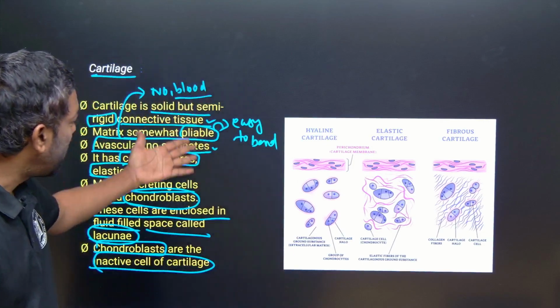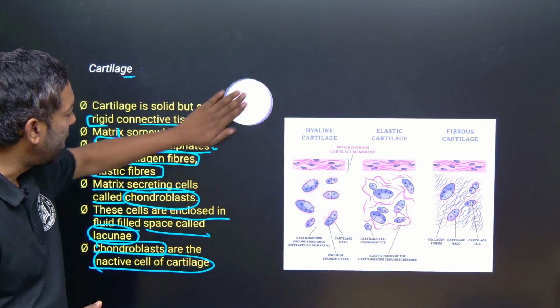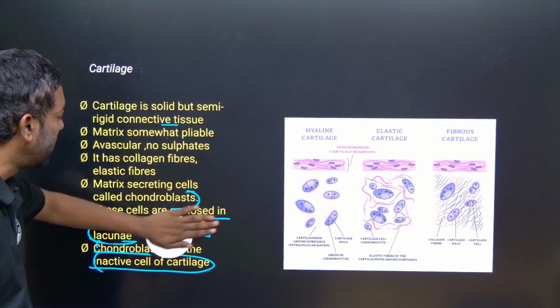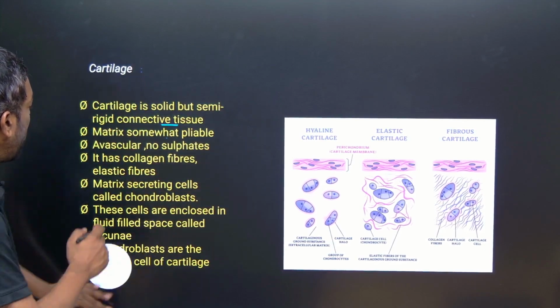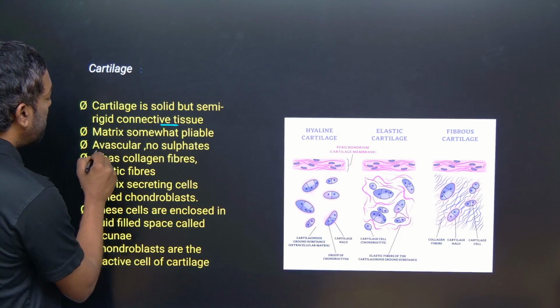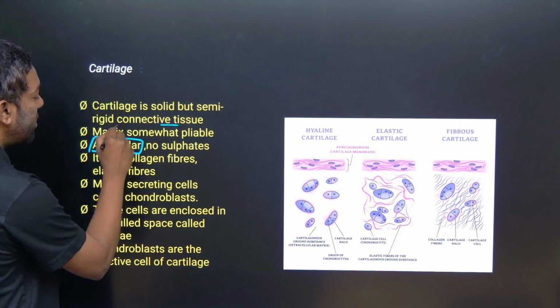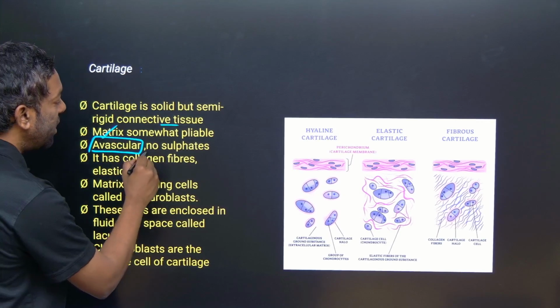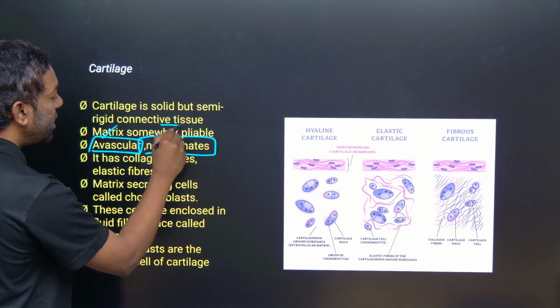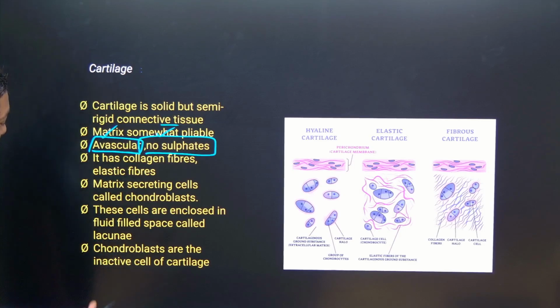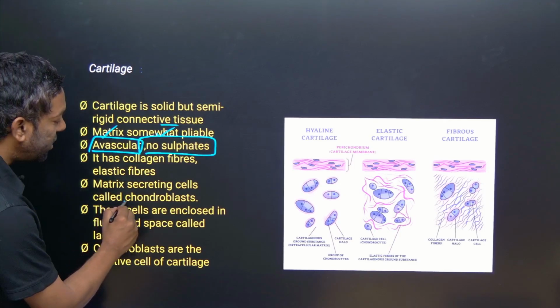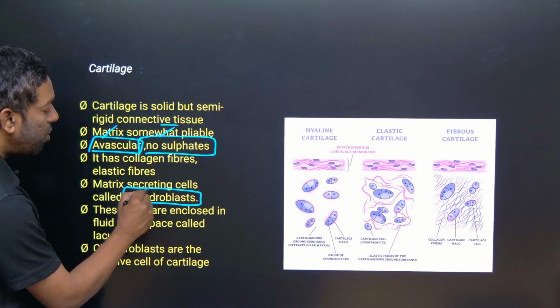These are the main characters of the cartilage. What are the main characters? There is no blood supply, meaning it is avascular. This is most important. There are no minerals, which is also most important from the exam point of view. There is a special type of cell, the chondroblast.